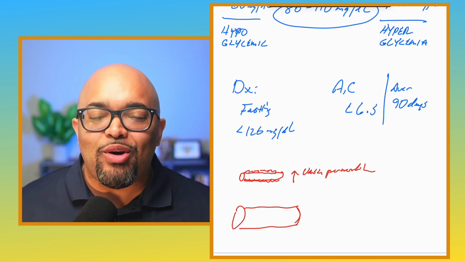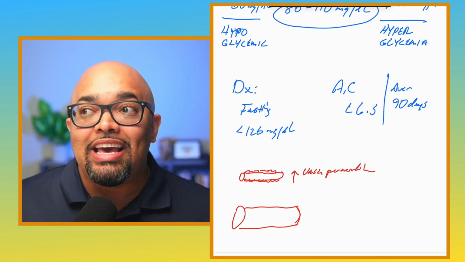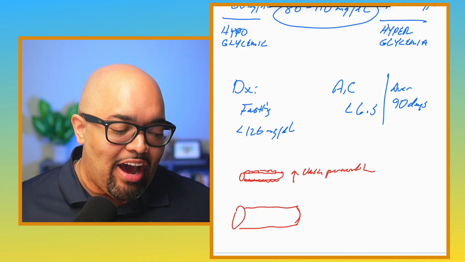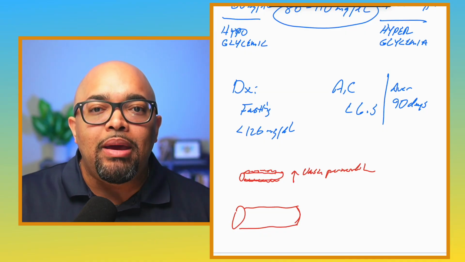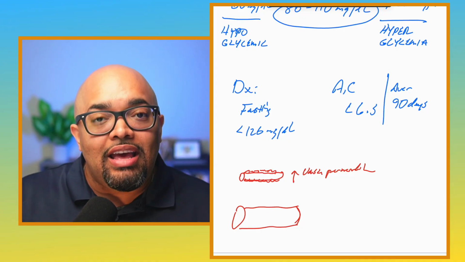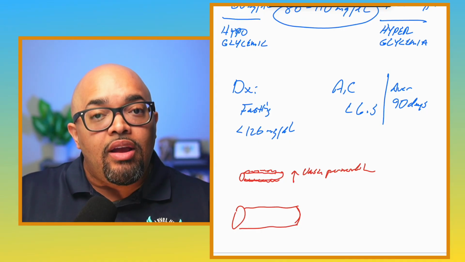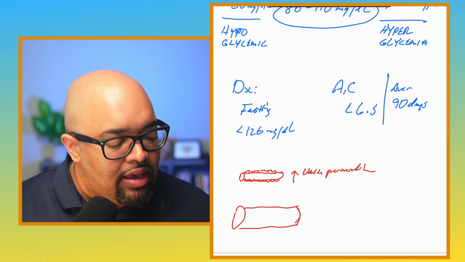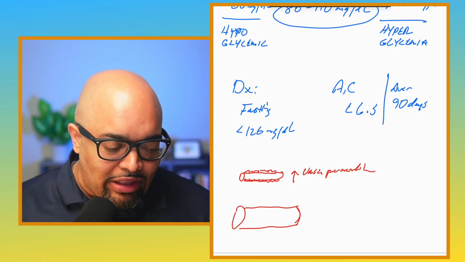I know that's a fancy word. What that actually means is stuff is leaking out that's not supposed to be leaking out. The membrane is more permeable, meaning stuff can just get in and out of it. Normally, there's a barrier there, but once it starts leaking, things can just move in both directions. Okay, that's what happens on a small level.